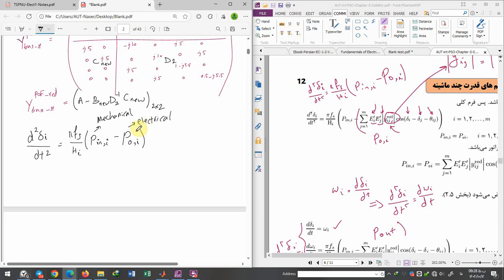the electrical output power can be determined by the load flow equation.